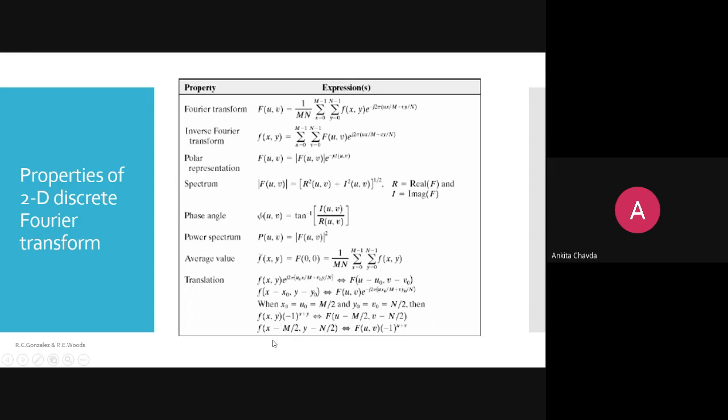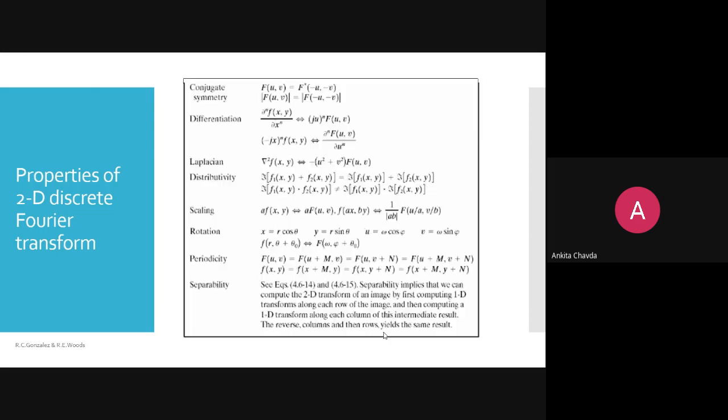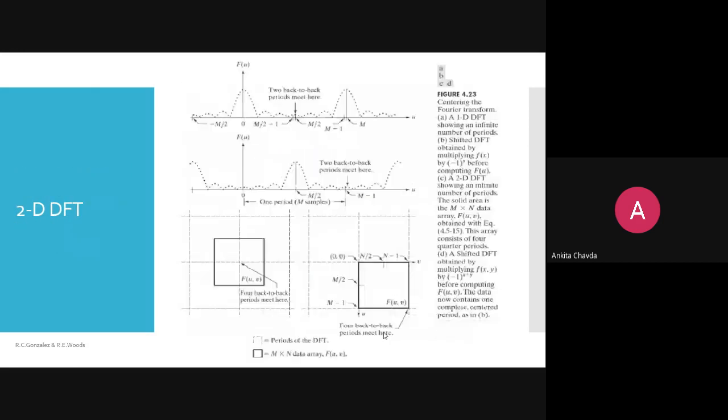And you are coming back from this via again multiplying minus 1 raised to u plus v. You will again get your original image f, and then again we will shift our origin somewhere else. So that process, if you want to see, I'll show you.